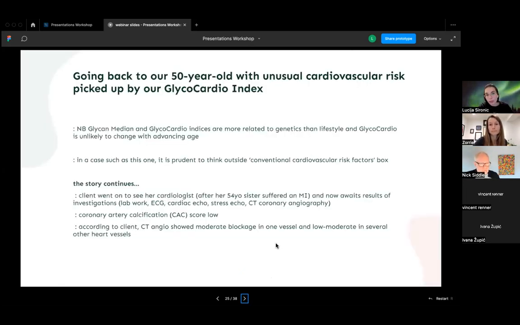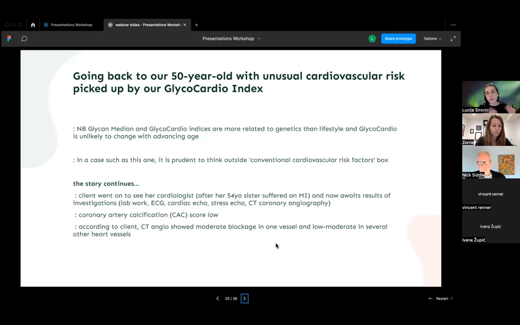So just to go back and to finish that story of our case study number one, just to recap, a 51-year-old female with a GlycanAge of 20 and a very poor glycan-median index, as well as a separately done glycocardio index, both of which seem to be more related to genetics rather than lifestyle, and unlikely to change with advancing age.